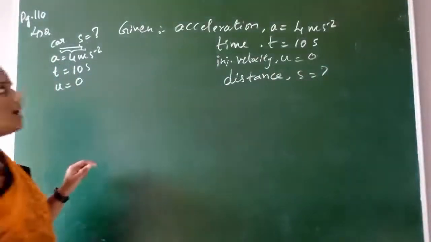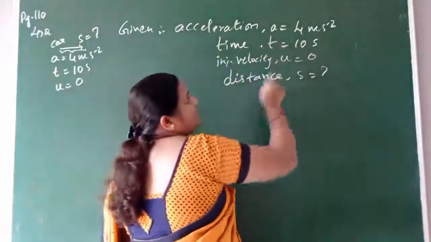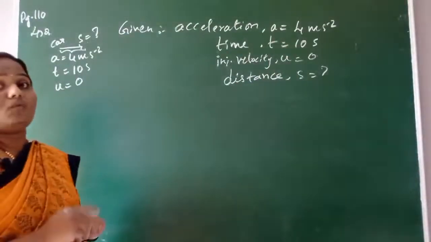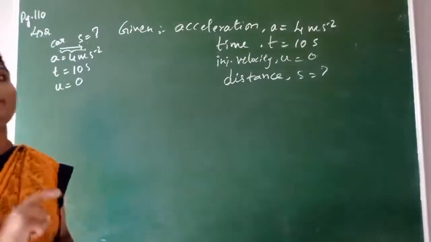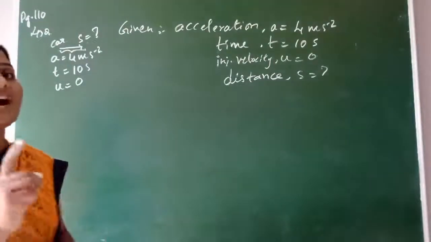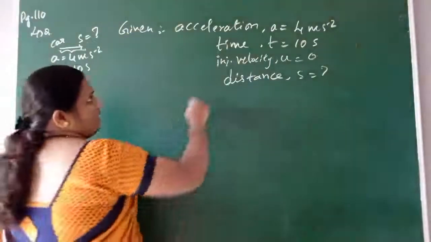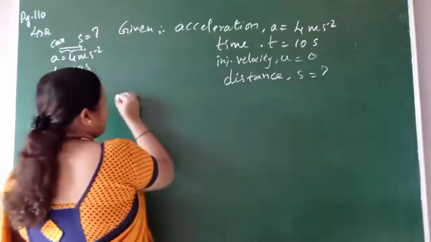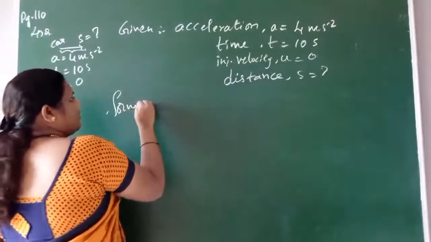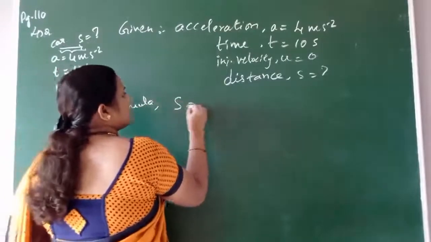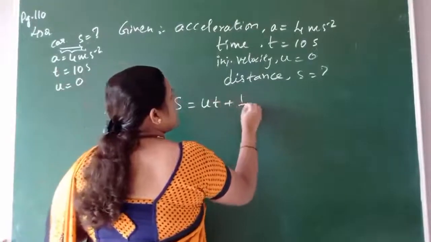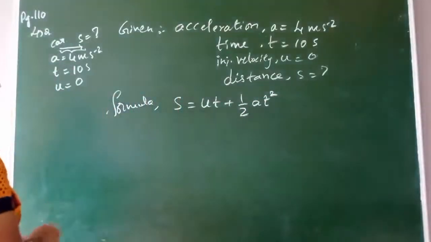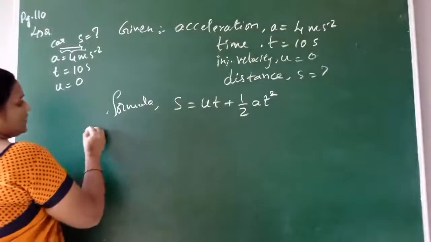So after looking at all these given data, children, which formula comes to your mind? That is what? Second equation of motion. S is equals to ut plus half at square. A we know, t we know, and u we know. So with the help of this equation, S is equals to ut plus half at square, we can calculate S value, isn't it, children?